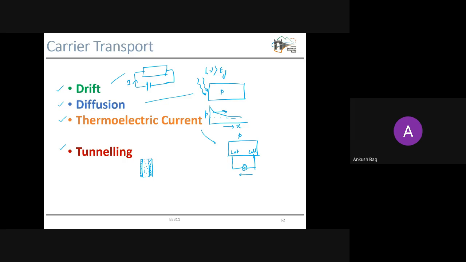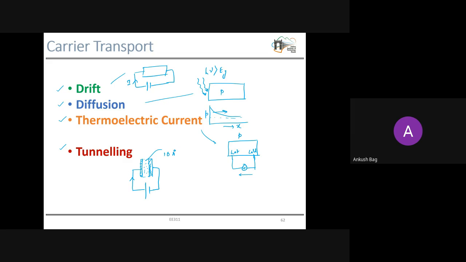This insulator thickness is some tens of Angstroms, let's say 10 or 20 Angstroms. This is important in the case of tunneling. Now if we apply a DC voltage, what will happen? The current can go through this insulator.